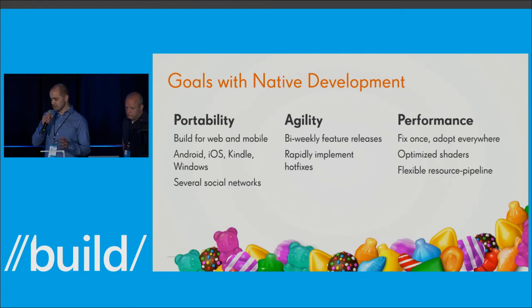But since the engine is pure C++, and all the games are pure C++, King has a strategy of doing native C++ development. The architecture for the games and the engine is that we have everything written in C++, and we have thin bootstrappers.